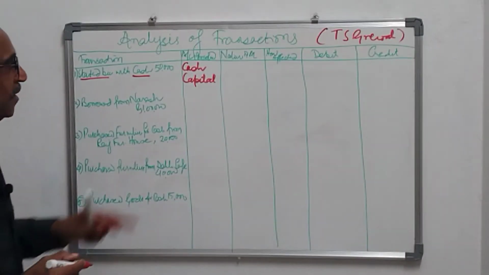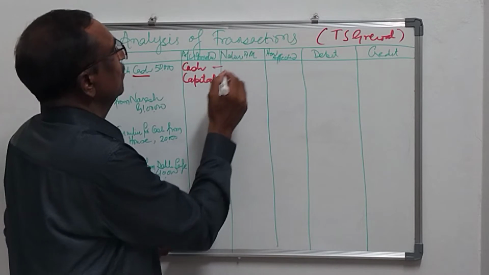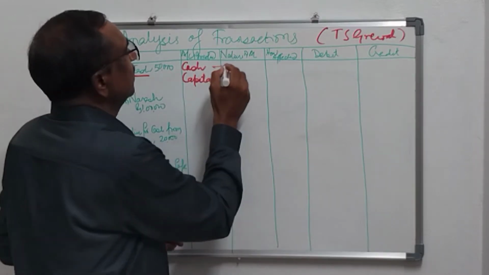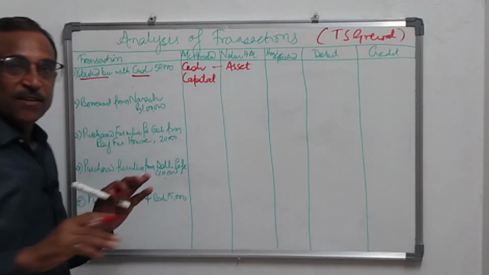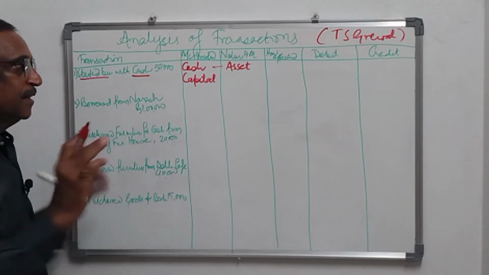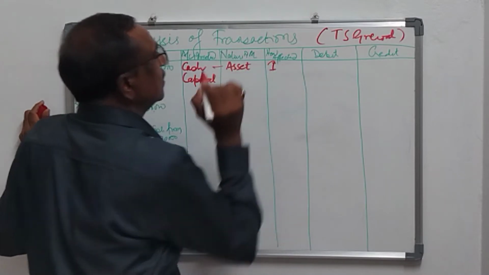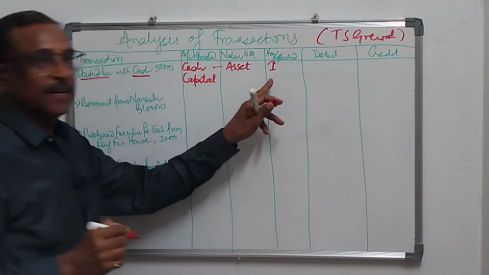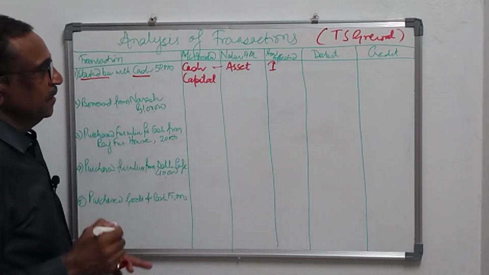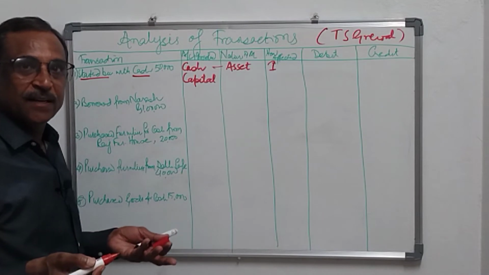Okay, so as we know, cash is our nature of account. We will write cash is an asset. Since there was no asset, cash is coming in. It means cash is increasing. Okay, increasing. I am writing just I. Okay, and capital is also increasing because there was no capital earlier.